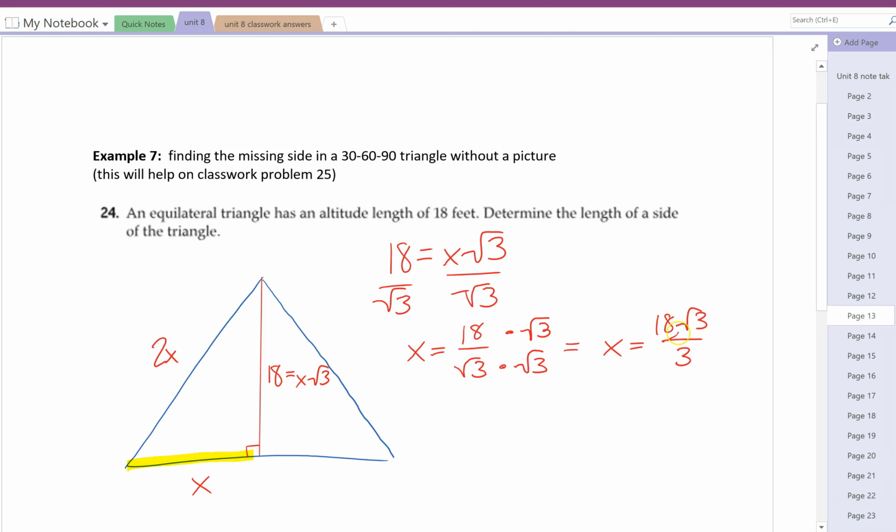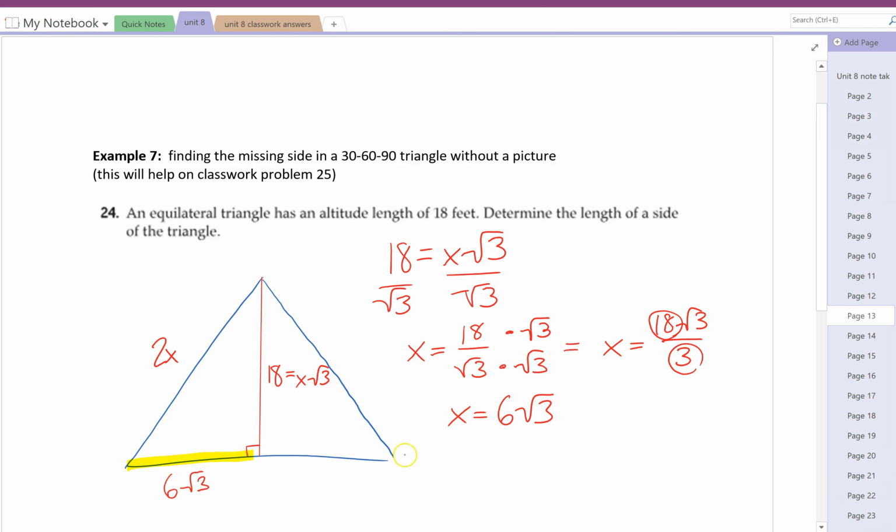Then I look at the coefficient of the radical in the numerator and the denominator. 18 and 3, can I reduce? In other words, can I do 18 divided by 3 and get a whole number? Yes, I can. So x, after all that, would be equal to 18 divided by 3, which is 6 times the square root of 3. Okay? So this side down here is 6 times the square root of 3.